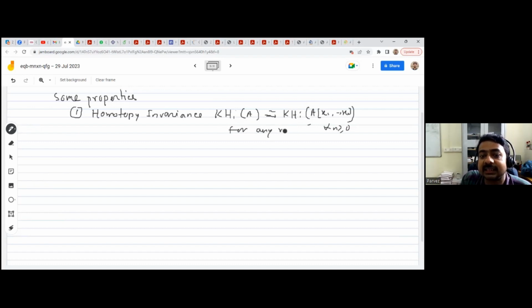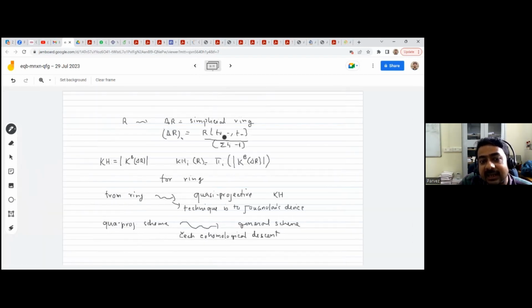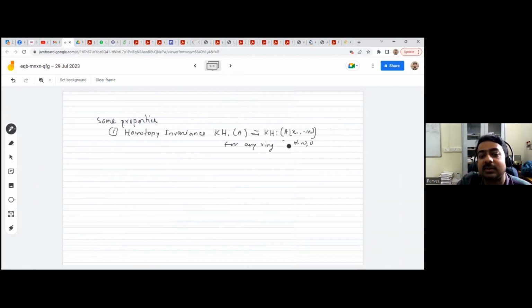But here, in the case of K-theory, it is true for regular rings, but in the way it is constructed, the delta, the T_0 to T_n, you can think of this as adding n variables, and forcefully they are making it so that, in the definition itself, they built it in such a way that this holds.